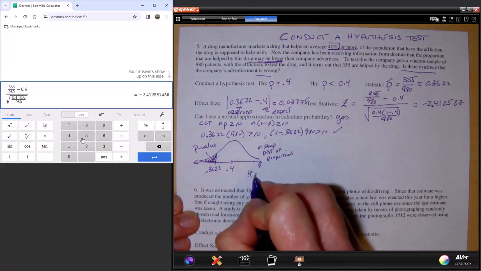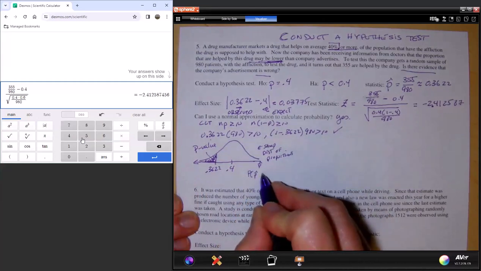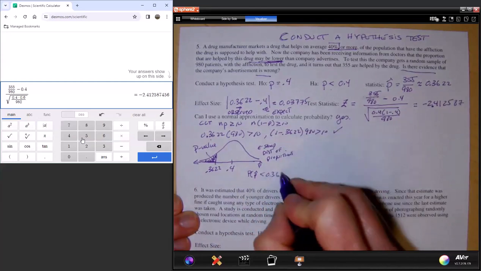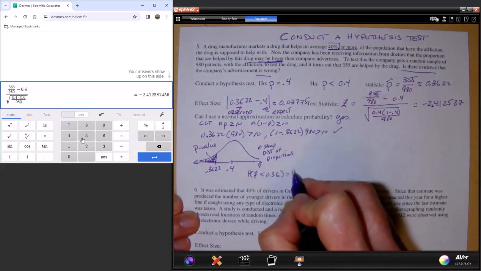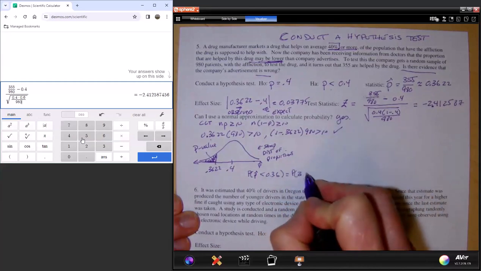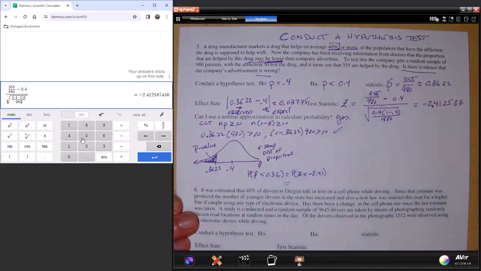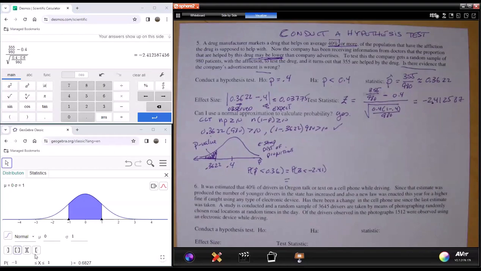I'm going to just go p-hat, 0.36, z is less than negative 2.41. I'm not going to put all of them, but I'm going to type it in. And now we need to go to GeoGebra and figure out what this value is. I type my value here into GeoGebra.